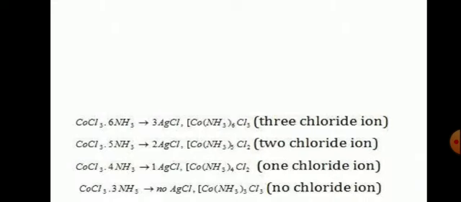In the second example, 5 ammonia and 1 chlorine are present in the coordination sphere and 2 chloride ions are present in the ionization sphere. In the third example, 4 ammonia and 2 chlorides are present inside the coordination sphere, and only 1 chloride is present outside the coordination sphere, that is in the ionization sphere.